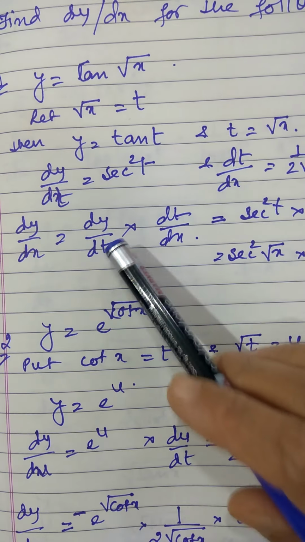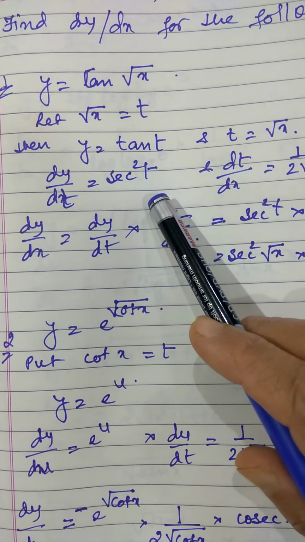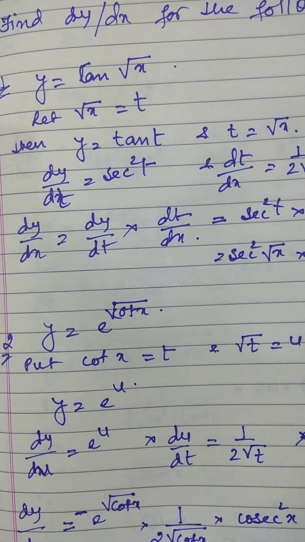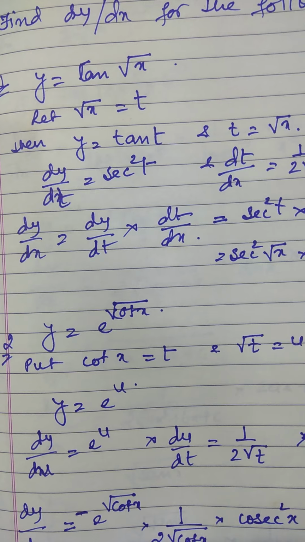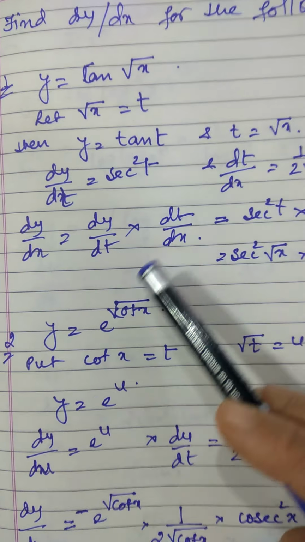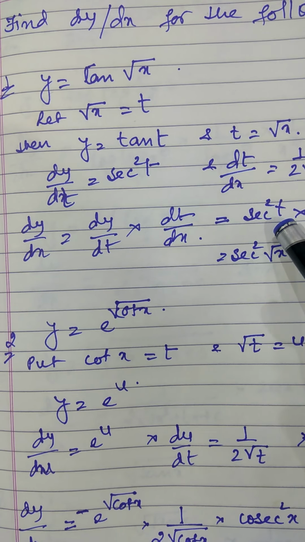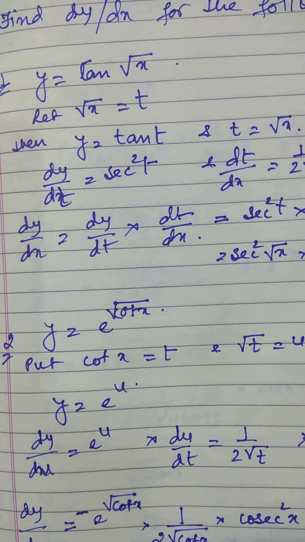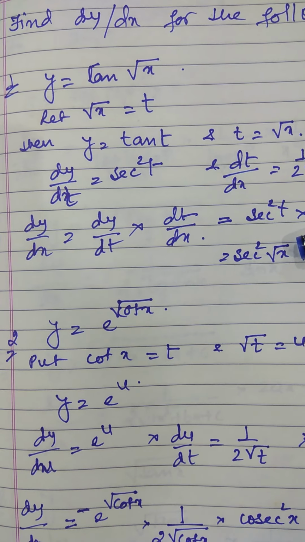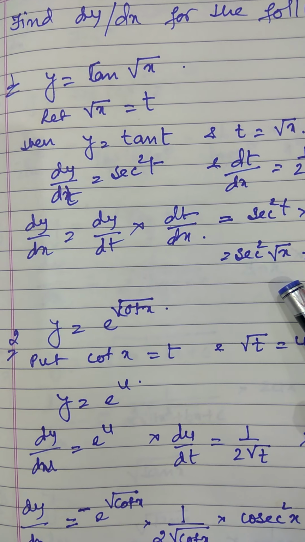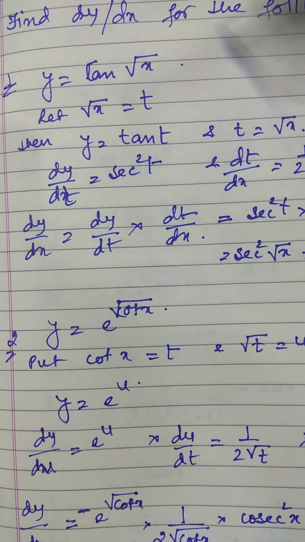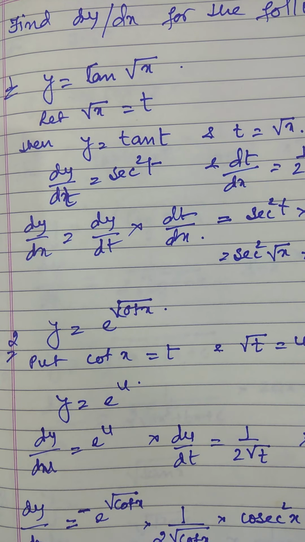Applying chain rule, dy by dt is sec square t and dt by dx, derivative of root x, is 1 upon 2 root x. So dy by dx is dy by dt into dt by dx, that is sec square t into 1 upon 2 root x. Now substitute for t, t is root x. So finally we get sec square root x into 1 upon 2 root x. This is the derivative of tan root x.